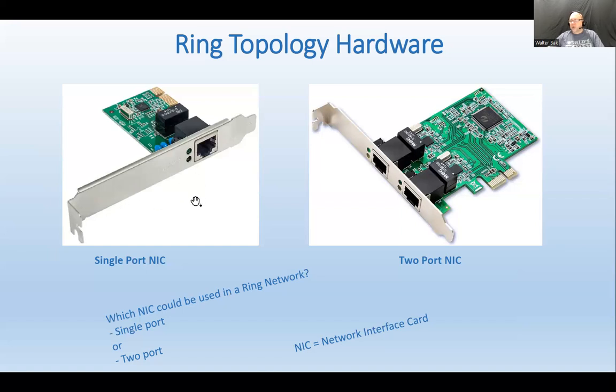These are still being used in desktop PCs, but as I said, those are being built into the motherboards more and more often than not. So which NIC would you use for the ring network? Would you use a single port NIC, or a double port NIC?